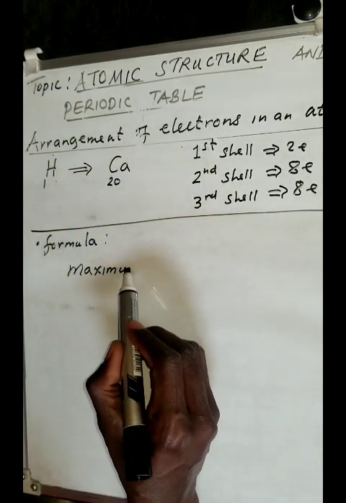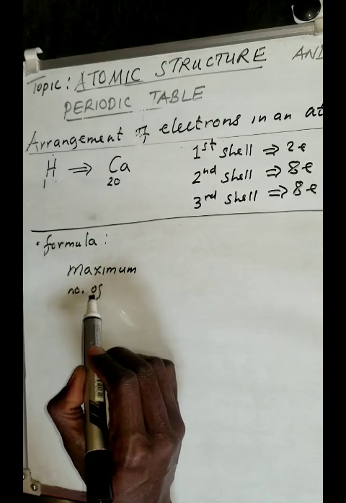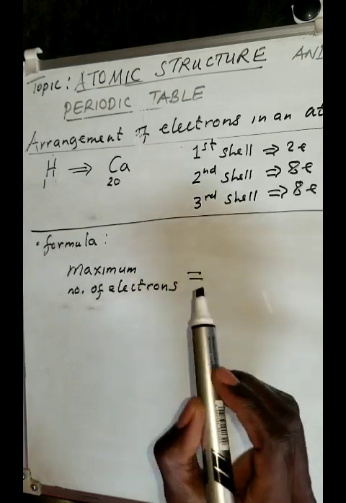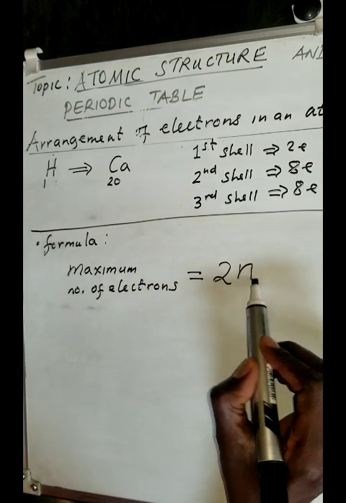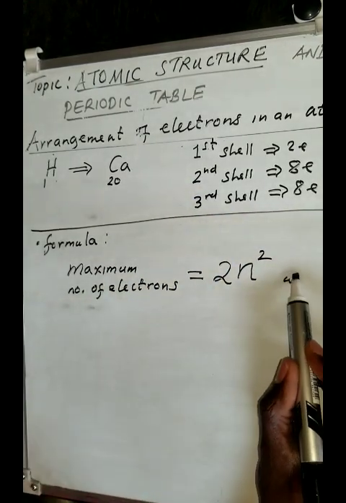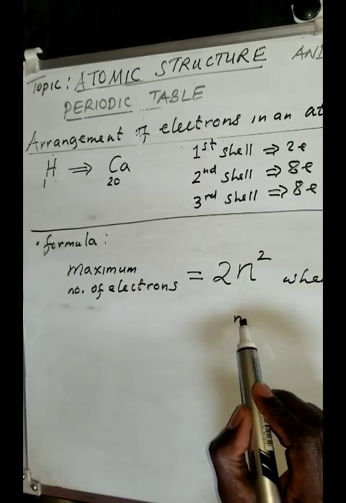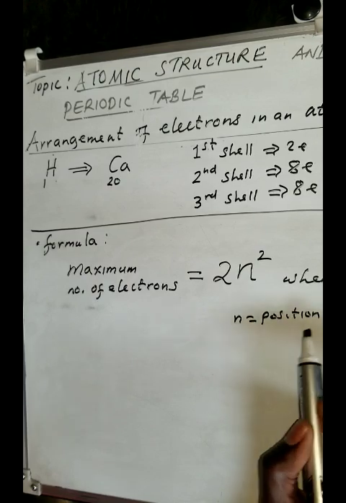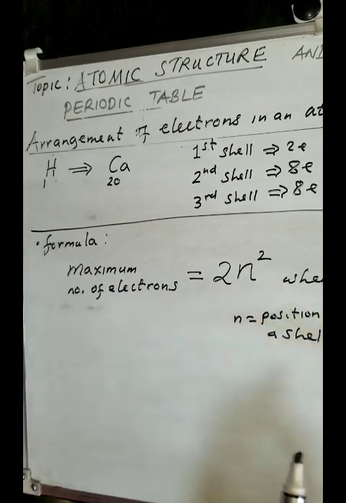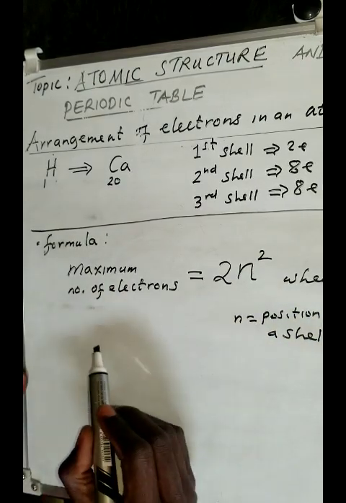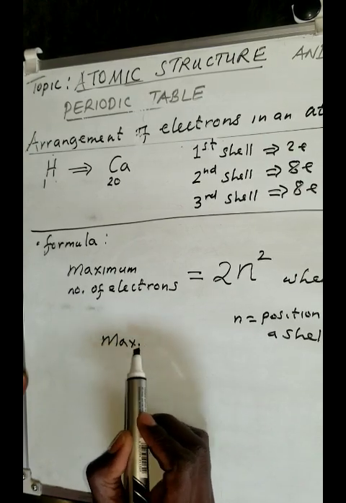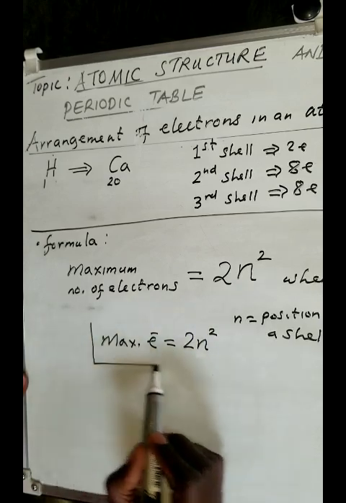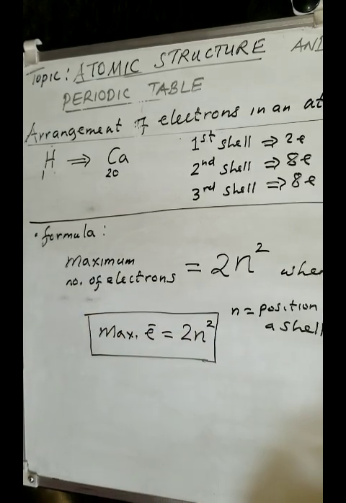If you want to know the maximum number of electrons that can be occupied in a shell, we use the formula 2n raised to the power 2, where n is the position of a shell. So in simple terms, if you want to know the max number of electrons there, it is 2n raised to the power 2. And this is the formula that we apply.